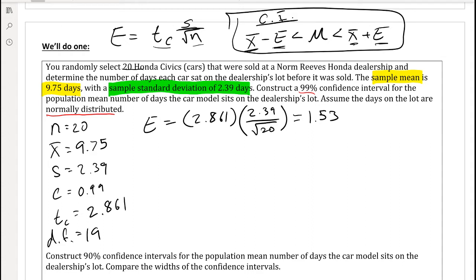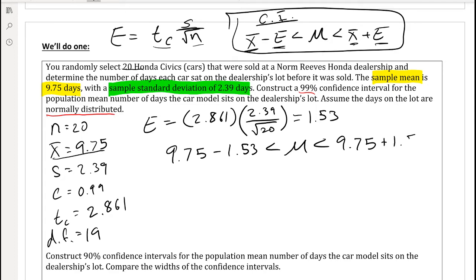Now we just take that and add it to and subtract it from our sample mean. My sample mean is 9.75, minus my margin of error of 1.53, which is less than the population mean, which is what we're trying to estimate, and that is less than 9.75 plus 1.53.